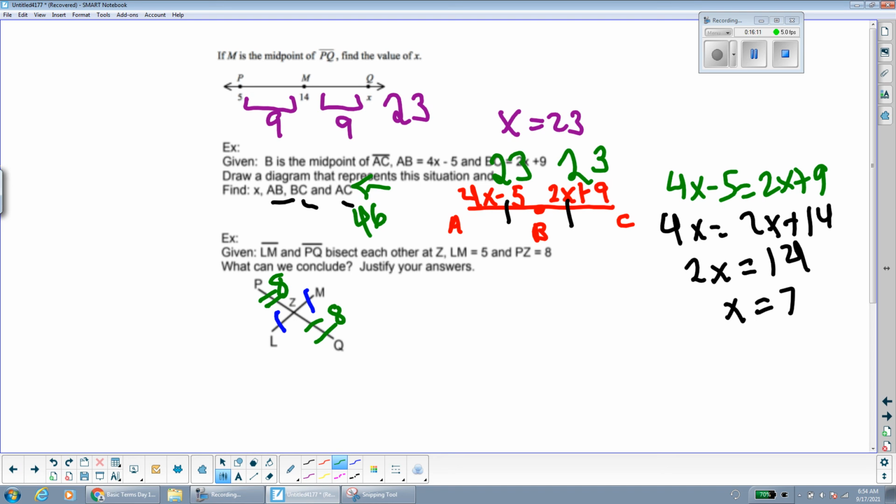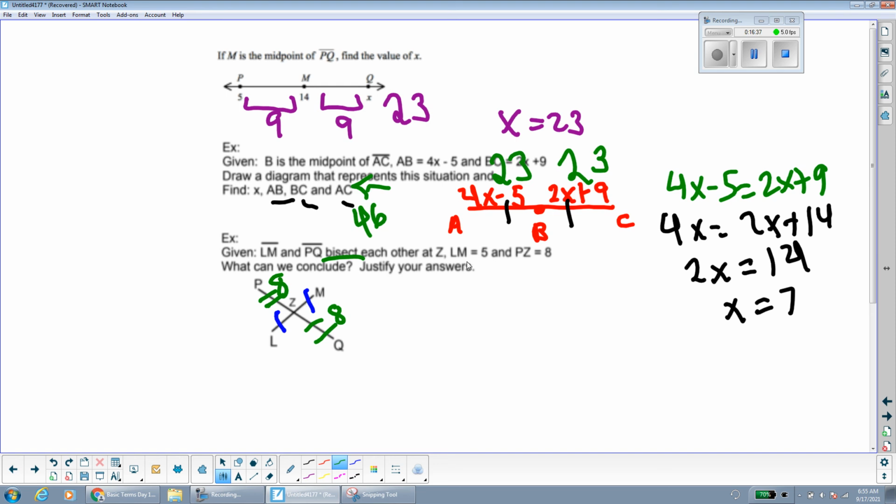Remember, bisect means cut equally in half. So the point where both of the line segments are being cut equally in half must be the midpoint, right? Because that's where they're being cut equally in half. And we know a midpoint splits in the middle. So if this is 8, this must be 8. And so we can also conclude that the whole line segment PQ is 8 plus 8. It's 16. We know that LM, the whole thing, is 5.